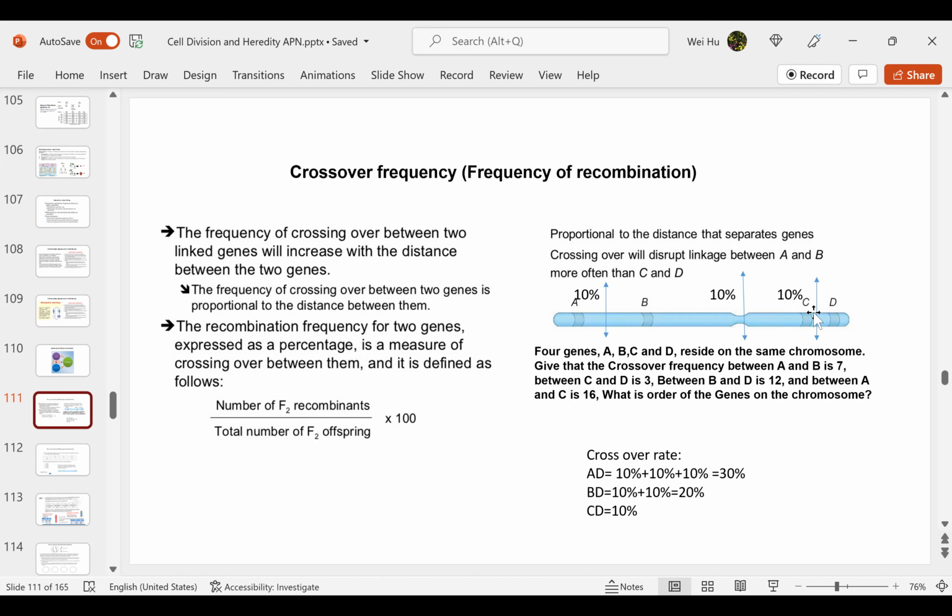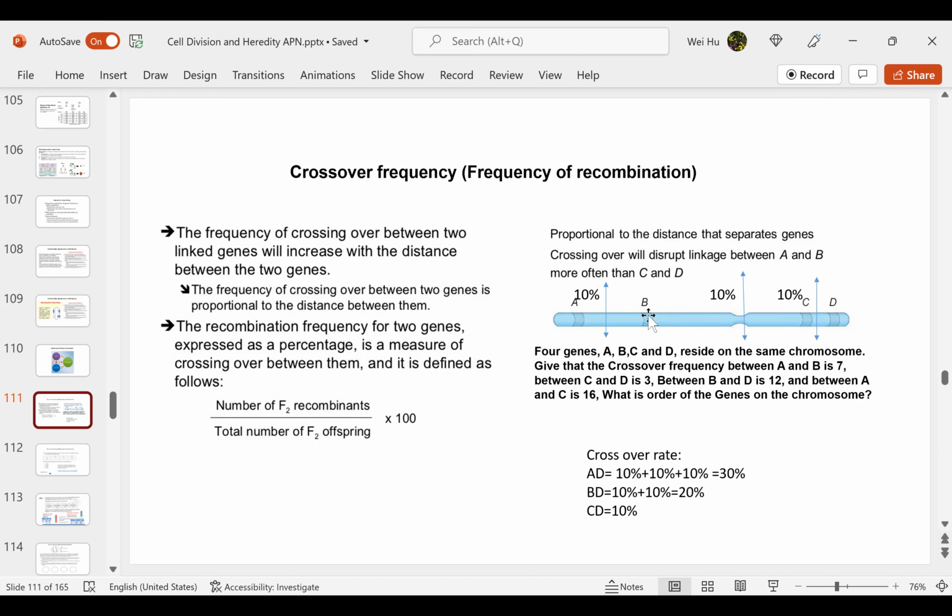So let's see this one. Between C and D, you have crossover of about 10%. Between B and C, you have another 10% crossover. And between A and B, you have 10%. So if you look at C and D, you have only 10%.